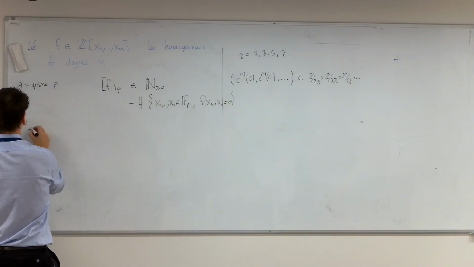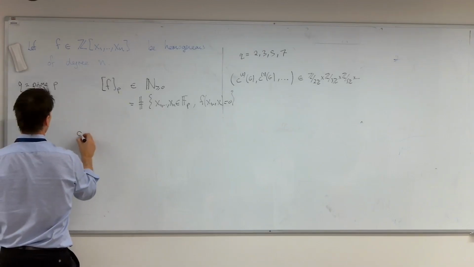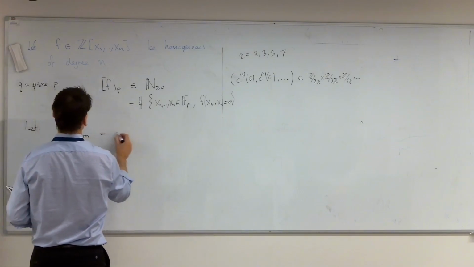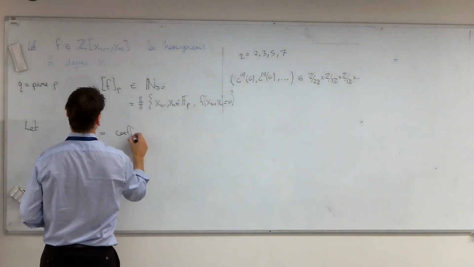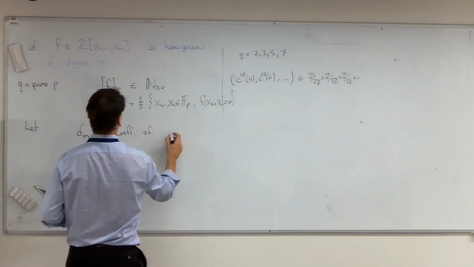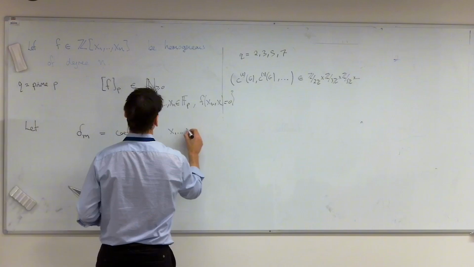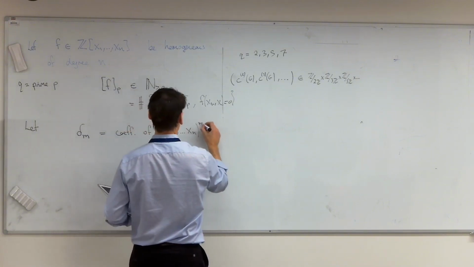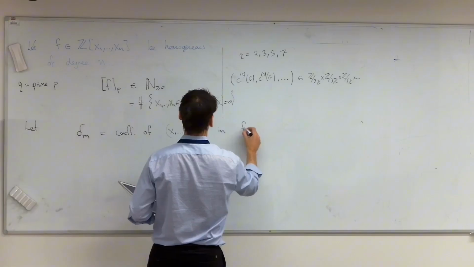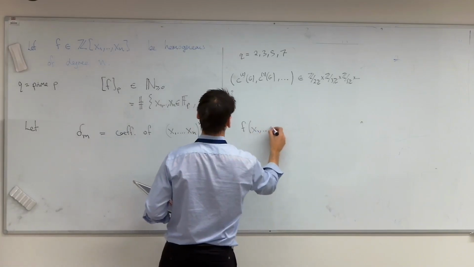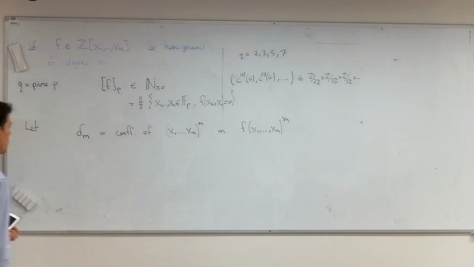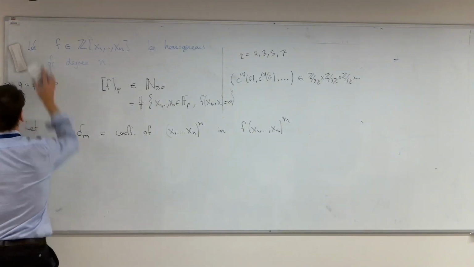Now let delta m equal the coefficient of (x1 ... xn) to the m in f of x to the m. So we'll discuss this more tomorrow.